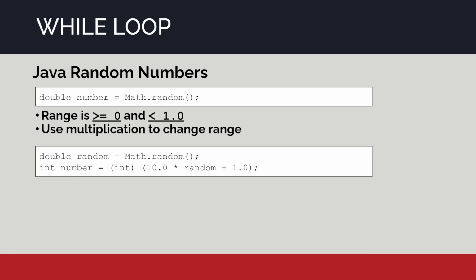It's always going to be less than 1.0, but it's going to be a random decimal value somewhere in there. And if you don't want your number to be in that range, then you can use a multiplication to change the range, like you want it to be between 1 and 10, or between 0 and 10, or whatever. You can create this mathematical expression that multiplies it, and then you convert it to an integer if you want a random integer. But that's kind of messy.